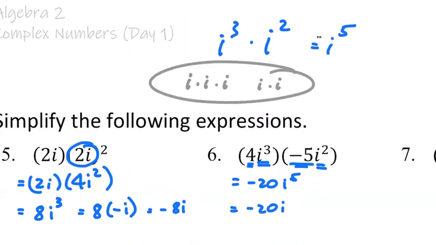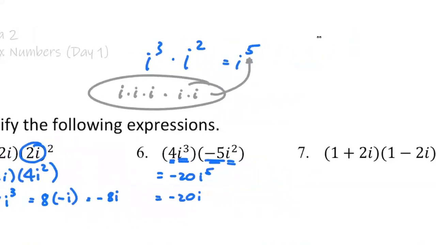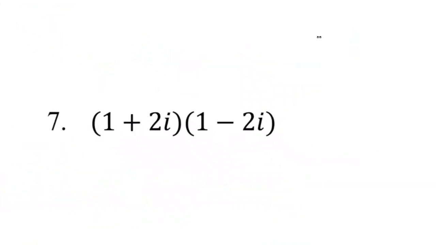So ask yourself, how many i's are multiplying together? It's not really a rule, it's more of a pattern that we see, and we say, hey, let's make things a little simpler. But if you don't understand the reason behind the property, then it's going to be a little bit messy.